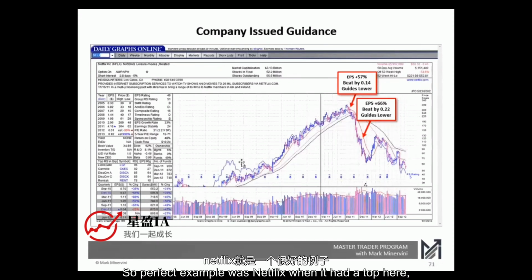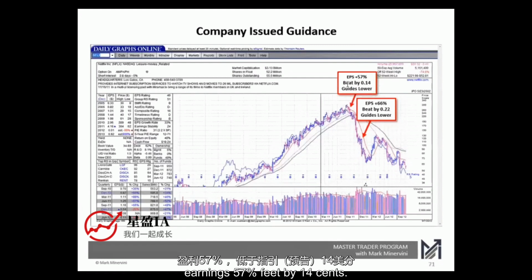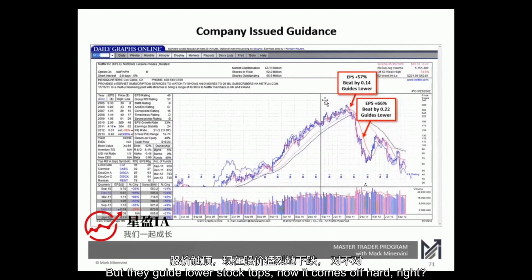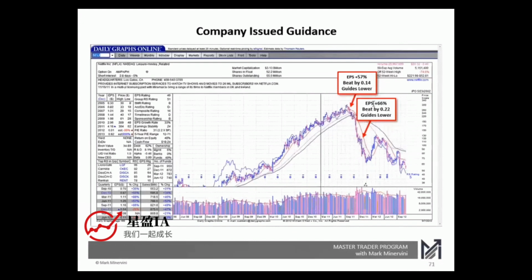So a perfect example was Netflix when it had a top back in 2011. So earnings 57%, beat by 14 cents, but they guide lower. Stock tops. Now it comes off hard, right? EPS 66%. They beat by 22 cents, but they guide lower again. So again, guidance was really telling the story here.